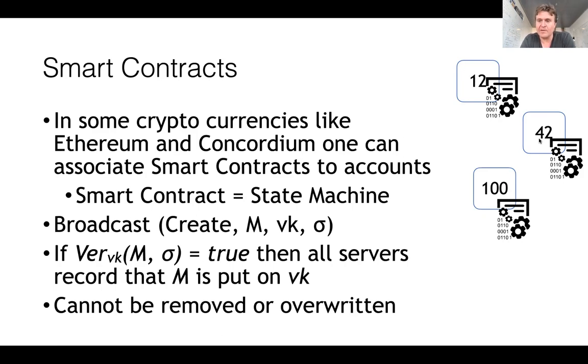So maybe I could put a contract here, which would say, if some football match tomorrow ends up with team A winning, I will transfer 7 Bitcoins to that account. Then that would be a way to algorithmically implement gambling, which would most likely be illegal, but it was also just an example, so don't go home and do that.